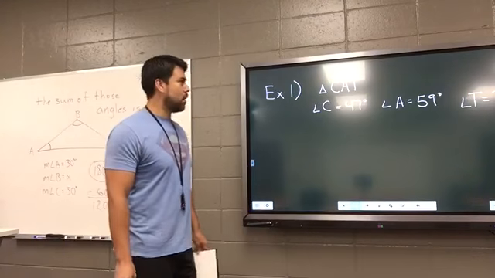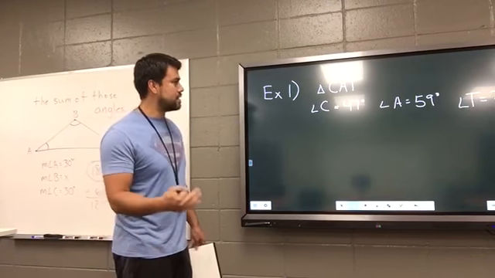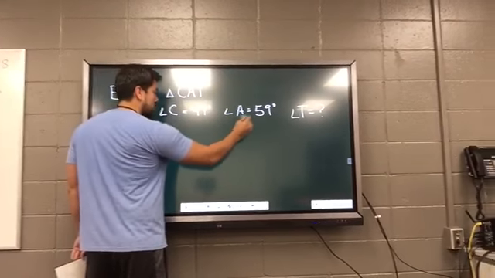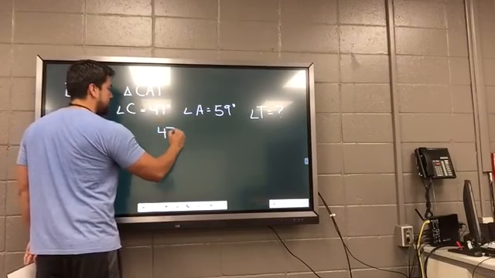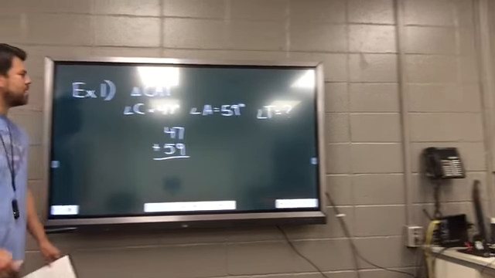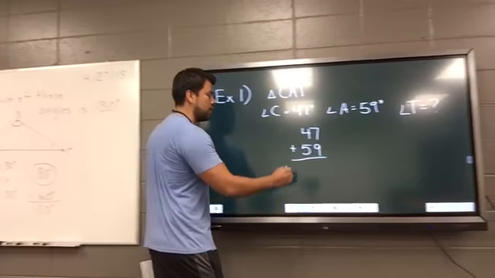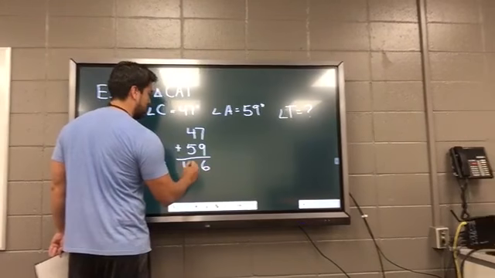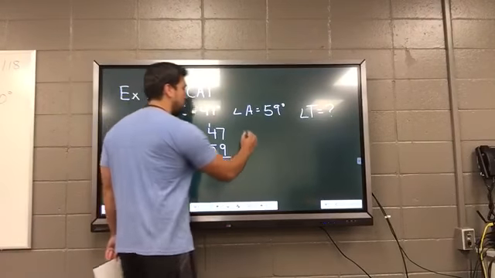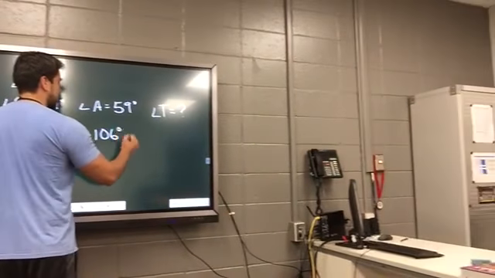Okay, so how do you find that angle T, that missing third angle? Well, I do know two angles, 47 plus 59. Hopefully you thought, maybe I should add those together because I know those. I get 106, because I carried that one. What do I do with 106 degrees?